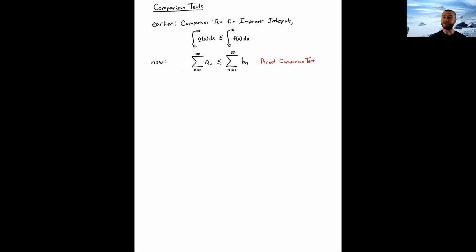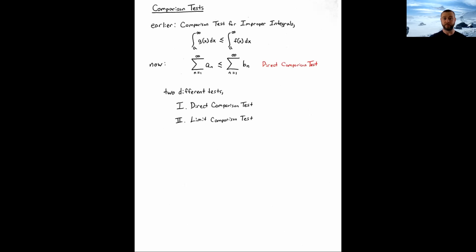This one is going to be called the direct comparison test. And what we're going to see within this lecture is there are two different comparison tests. The first one is called the direct comparison test, and then the second one later in this lecture is called the limit comparison test. So let's get to the first one, the direct comparison test.